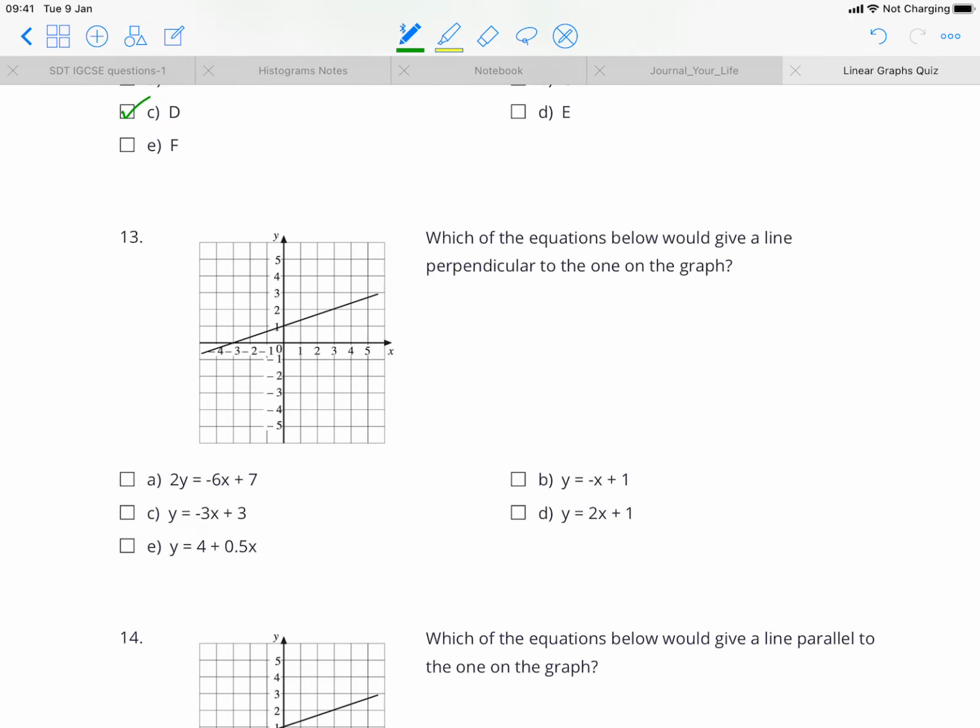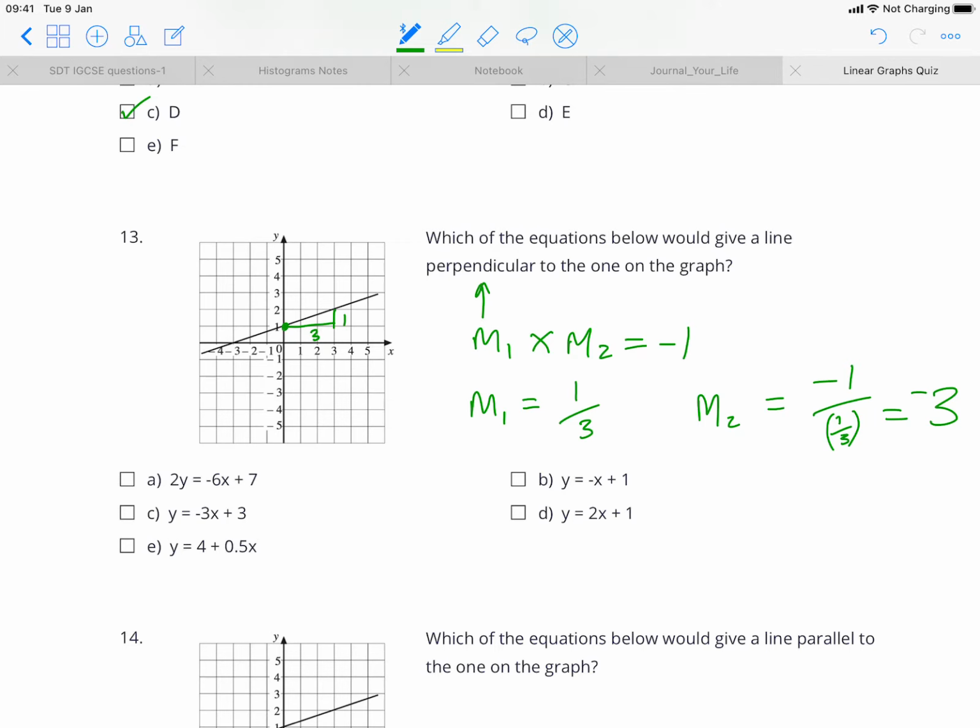It says which of the equations below give a line perpendicular. So again, we know that the product of the gradients has to be negative 1. First we find the gradient of the line we have. The gradient is 1 divided by 3, which is 1 over 3. Therefore the second gradient is negative 1 divided by 1 over 3, which is negative 3.